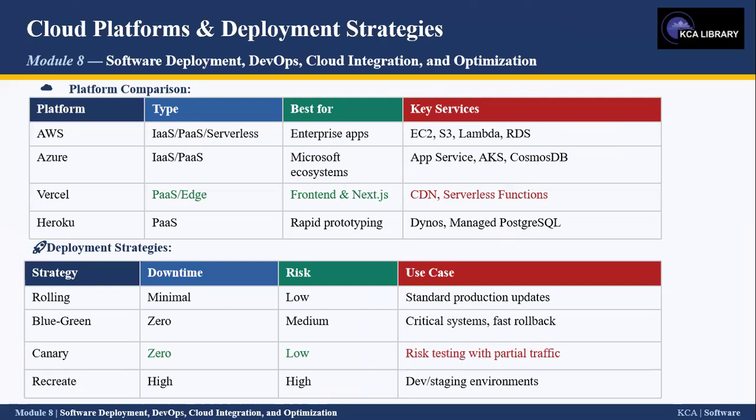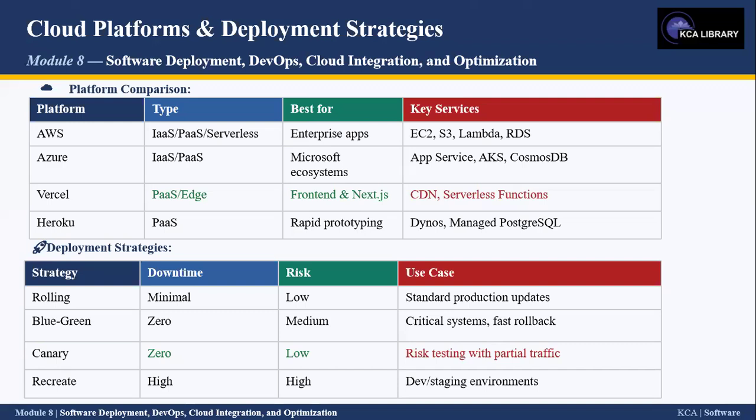Cloud platforms provide infrastructure on demand. Major providers are AWS, which is the most mature, with extensive services. Azure, which is enterprise friendly and has Microsoft integration. Vercel, optimized for front-end and Next.js apps. Heroku, a simple, beginner-friendly PaaS.